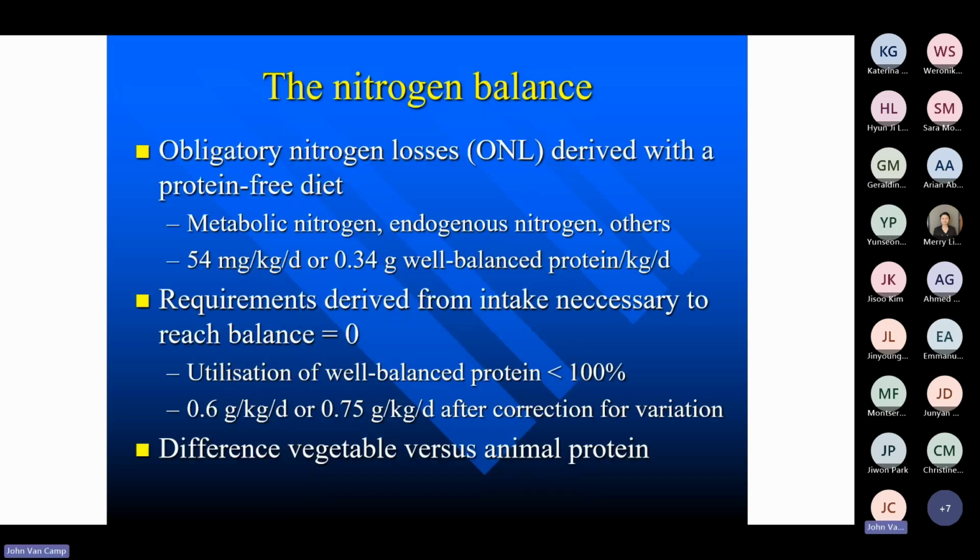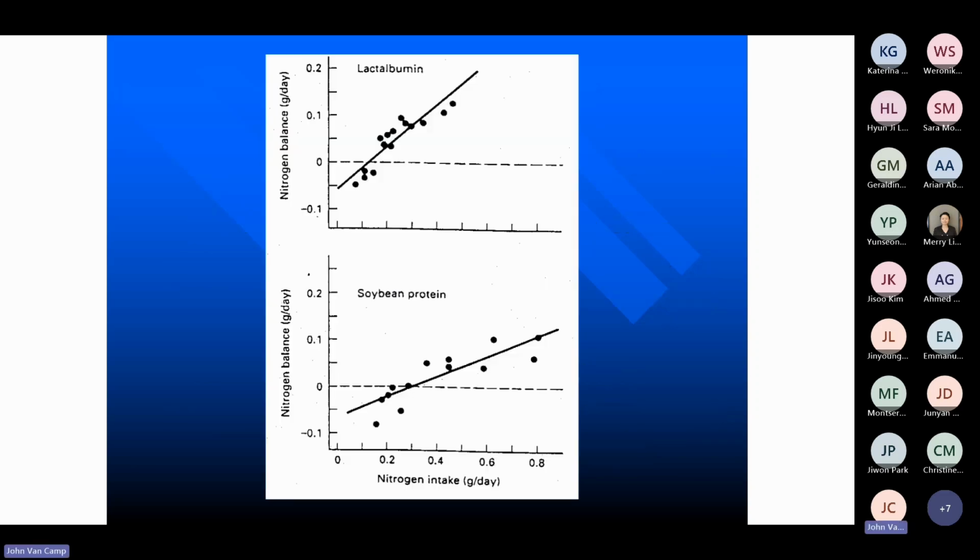So based on this technique, which we call the nitrogen balance technique, today we determine the recommendations for humans. So you start with the obligatory nitrogen losses, which is what we already said, the intercept here at the y-axis, which you get when you don't take in any nitrogen.